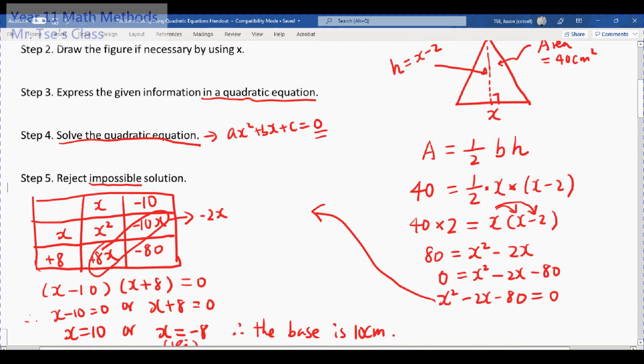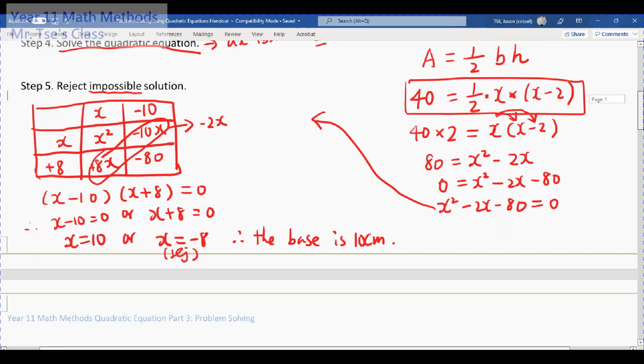So we know the area formula for the triangle, and that's 40 equals half times x minus 2. So this is a quadratic equation. But that quadratic equation is insolvable at this moment, because you need to get that equation into the proper form, into a general form, with one side equal to zero and the other side with 3 terms.